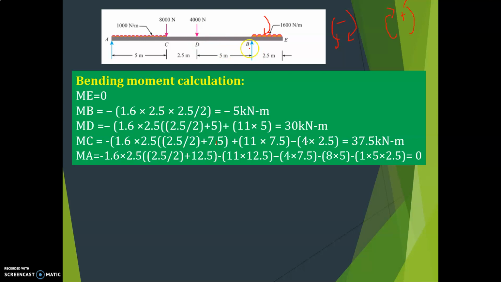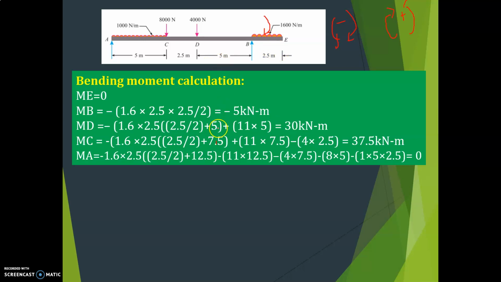Till here, first I have considered this UDL. So 1.6 into 2.5. The UDL is acting only over this distance, so multiply by 2.5. Then half of 2.5 plus 5, because you are calculating the bending moment at point D. So 1.6 into 2.5 into half of 2.5 plus 5.